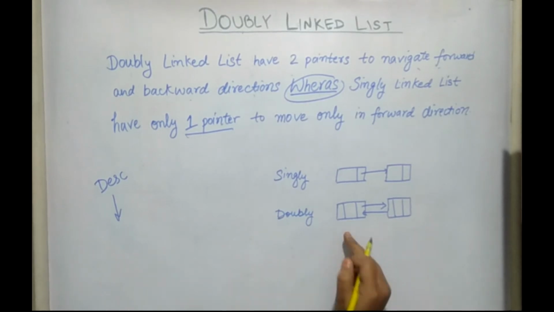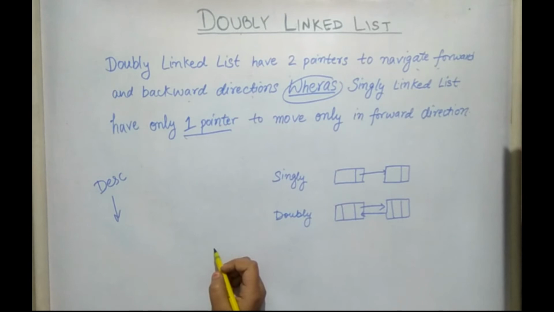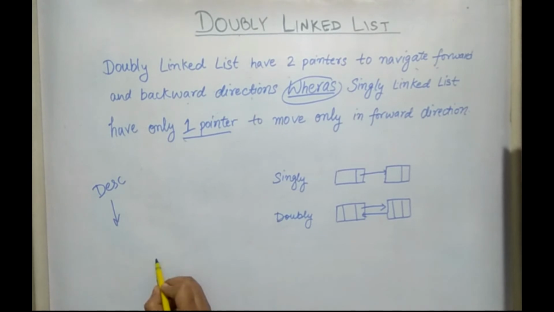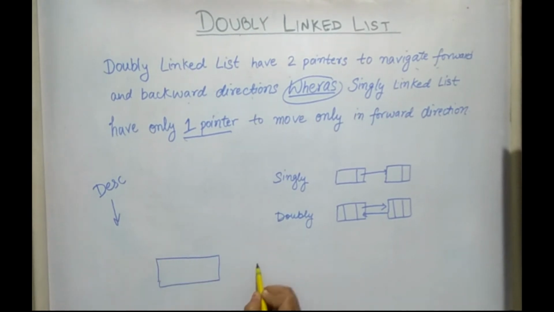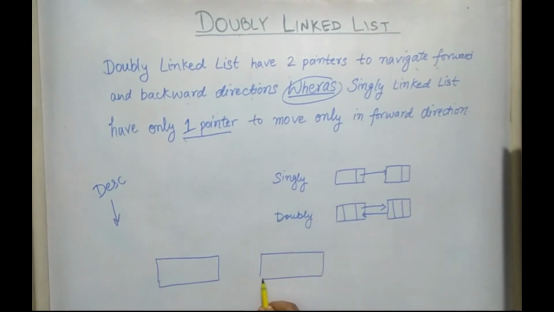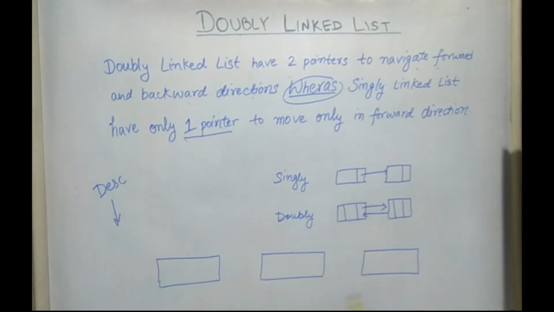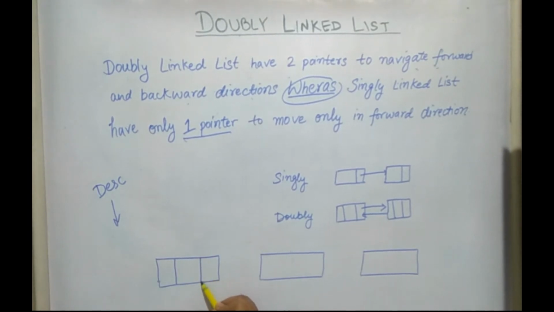Now look at the structure of a doubly linked list. Here I am creating three nodes of a doubly linked list. Each node is divided into three compartments.